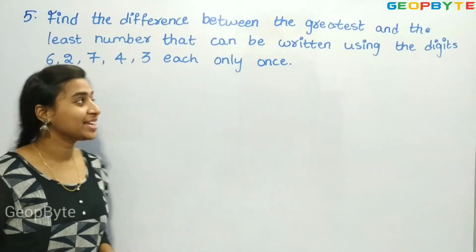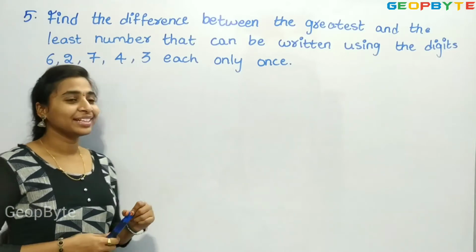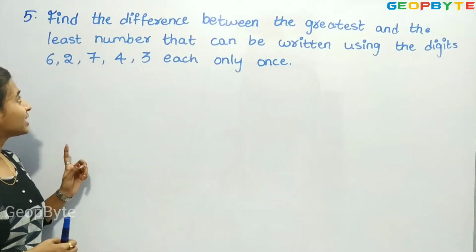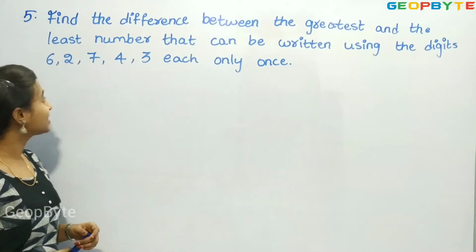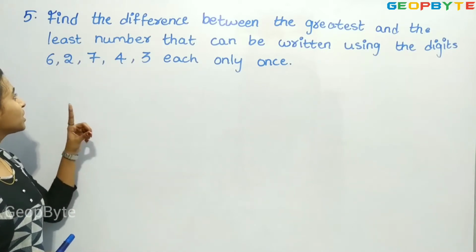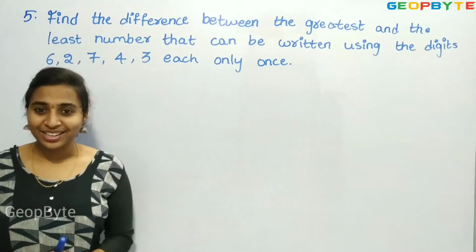Now, let us see the fifth question. Find the difference between the greatest and the least number that can be written using the digits 6, 2, 7, 4, 3, each only once.